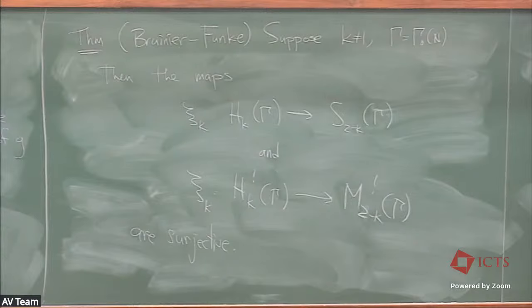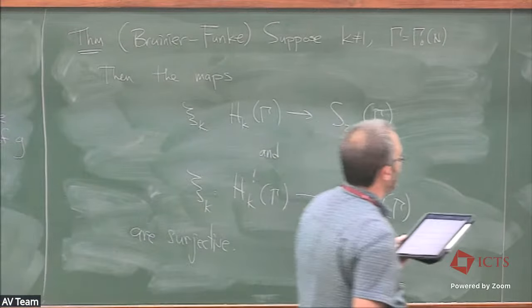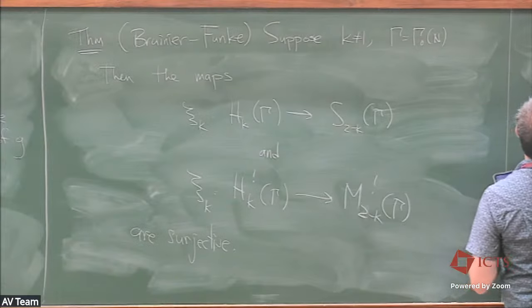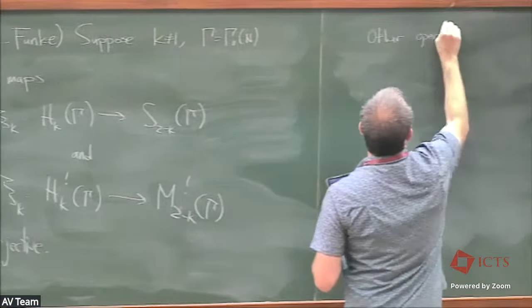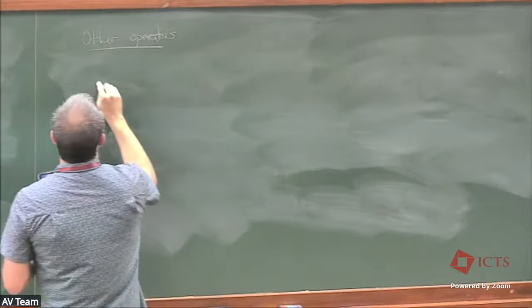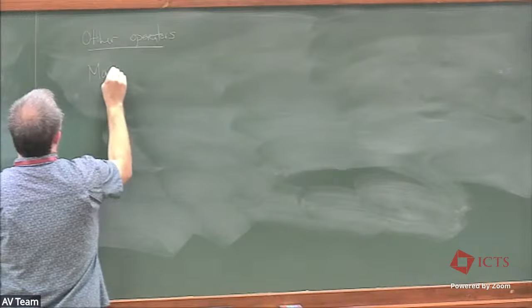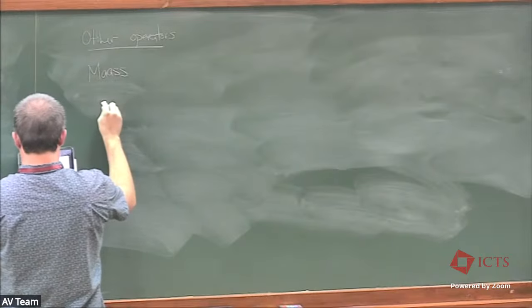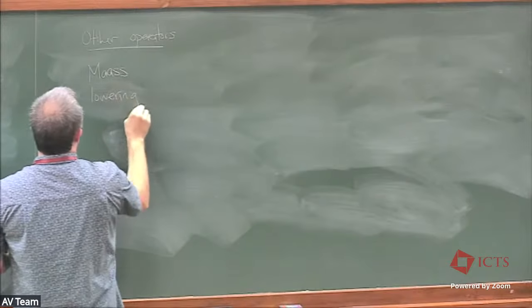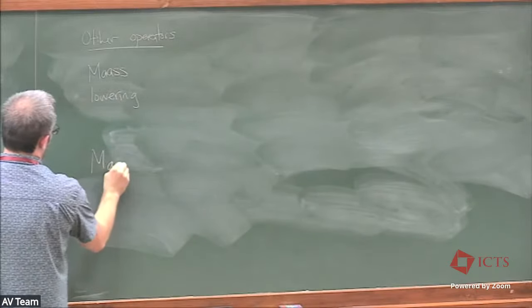Okay, so I'll just end by telling you about two other differential operators that come up, and then I'll be done. So here are two other operators, and they might come up this week at some point. These are called the Maass lowering operator and the Maass raising operator.